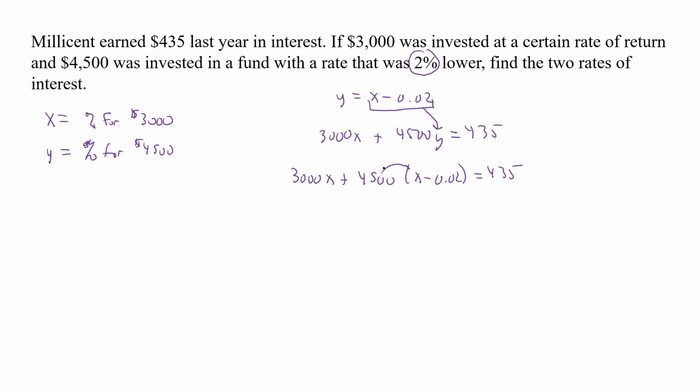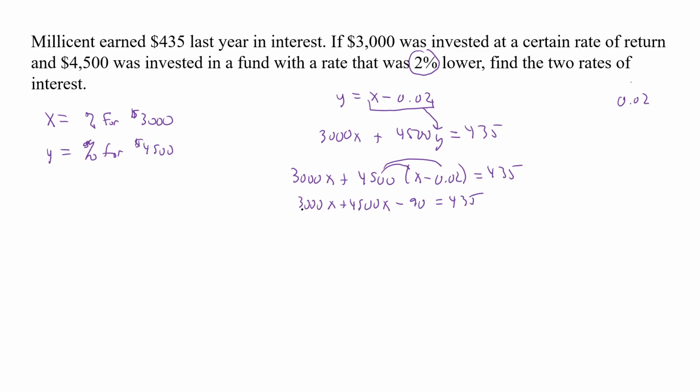Now we distribute, so 3,000x plus 4,500x minus, and we'll take 0.02 times 4,500. Those two zeros are going to cancel those two, so 2 times that gives me 90. And that's equal to 435.